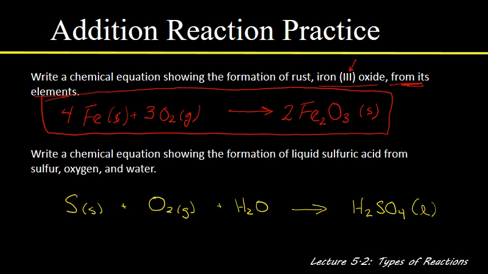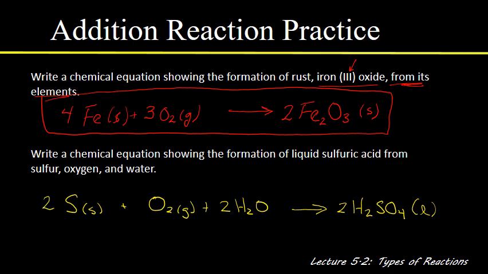And right now we have an odd number of oxygens in this water. So I'm going to try putting a 2 here, so that we at least have an even number of oxygens on both sides. If I put a 2 there, this gives us 4 hydrogens on the left. So in order to get 4 hydrogens on the right, I would need a 2 here. And that gives us 2 sulfurs.